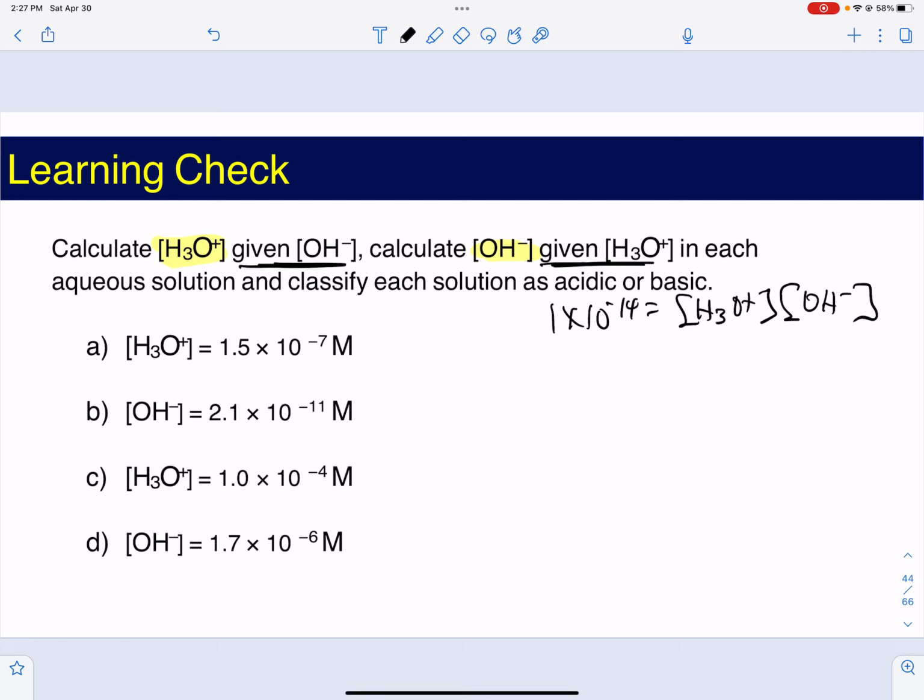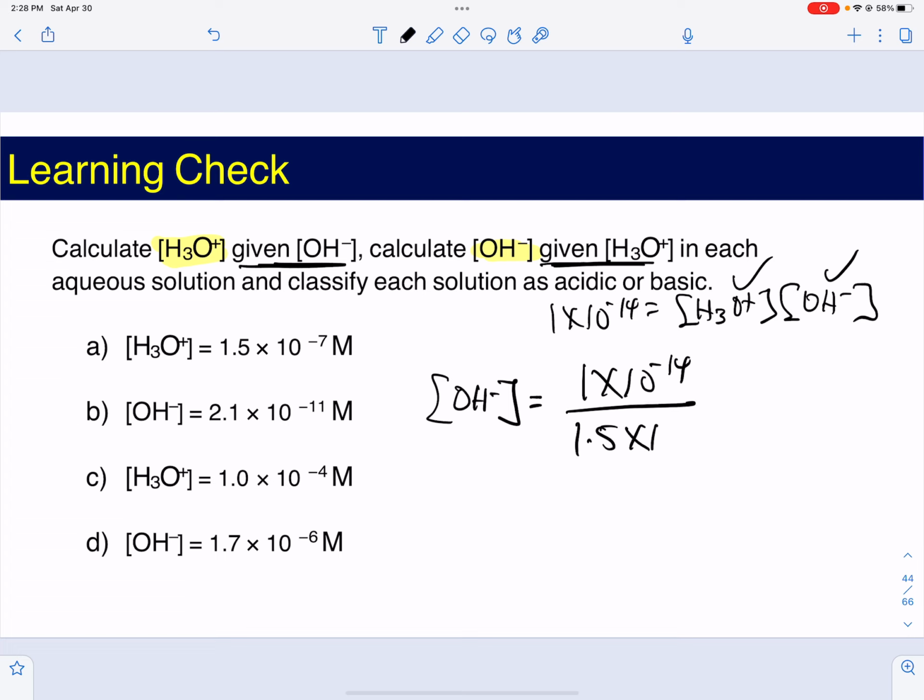So if I know any of these, I can use my math to find the other one. The first one is 1.5 times 10 to the minus 7. So the hydroxide, which is the other one, is going to be 1 times 10 to the minus 14 divided by 1.5 times 10 to the minus 7.